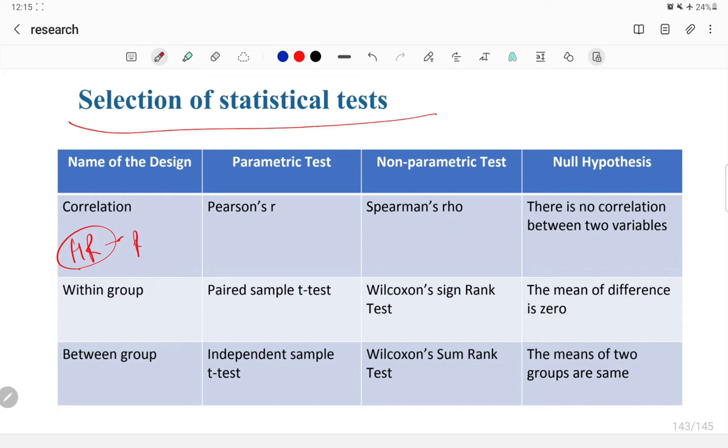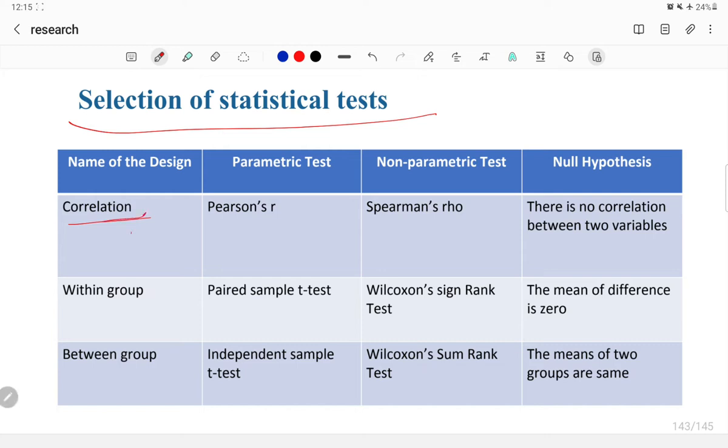We are just calculating these variables and correlating the two. Any two continuous variables, like when heart rate is increasing, whether the breath rate is increasing or not, or vice versa. Remember, all these tests start from continuous variables. For categorical there is one special test, I'll tell you later.